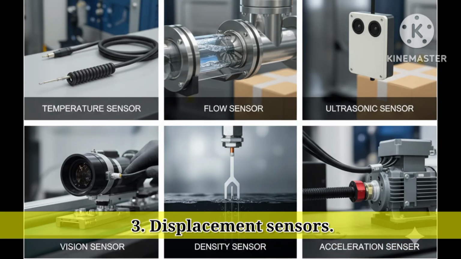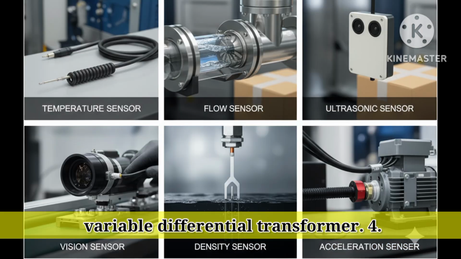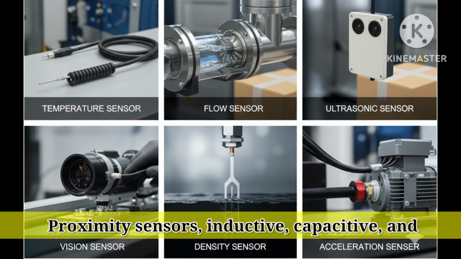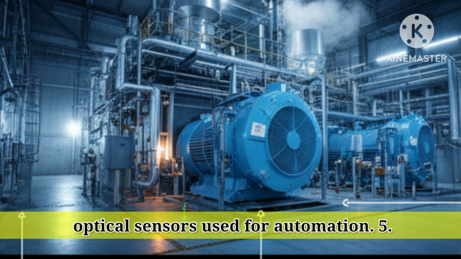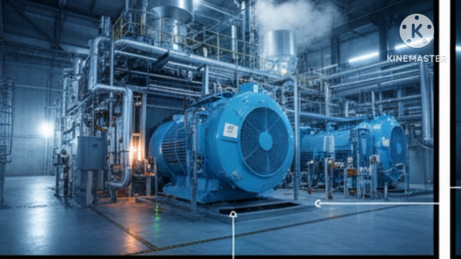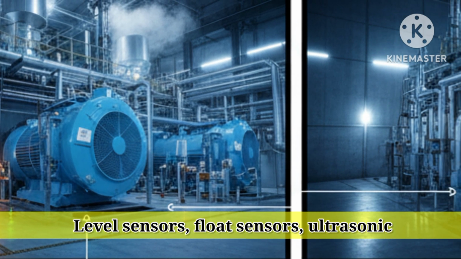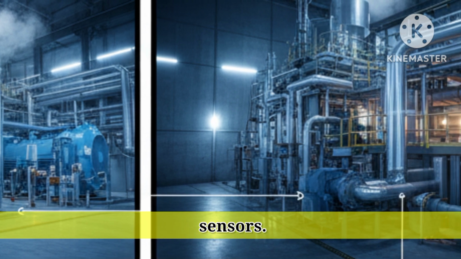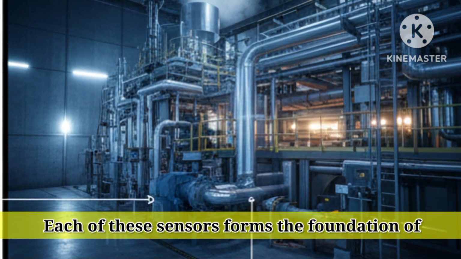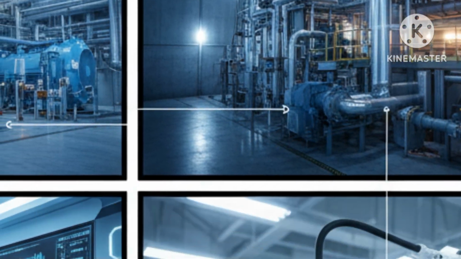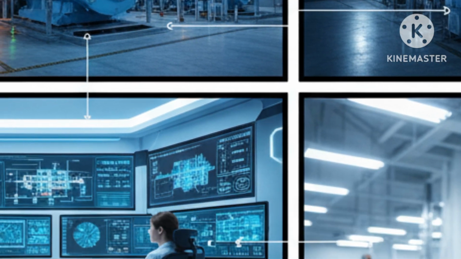Displacement sensors: LVDT, linear variable differential transformer. 4. Proximity sensors: inductive, capacitive, and optical sensors used for automation. 5. Level sensors: float sensors, ultrasonic sensors. Each of these sensors forms the foundation of a transducer system that converts those signals for controllers or display instruments.